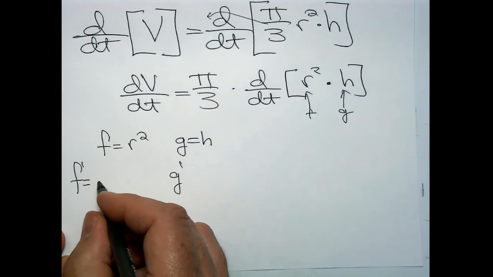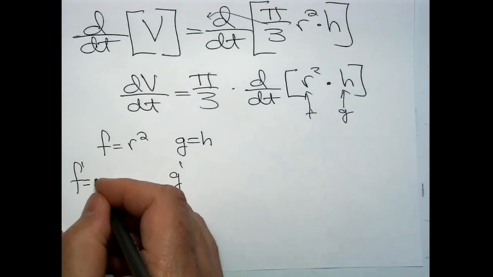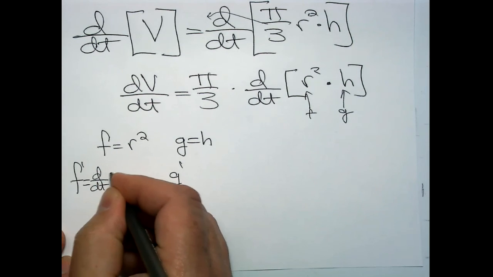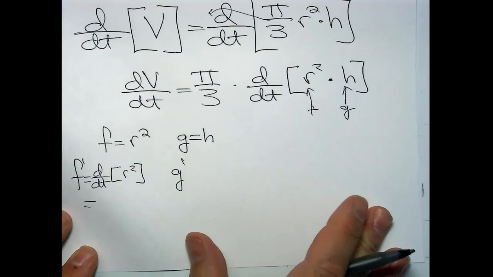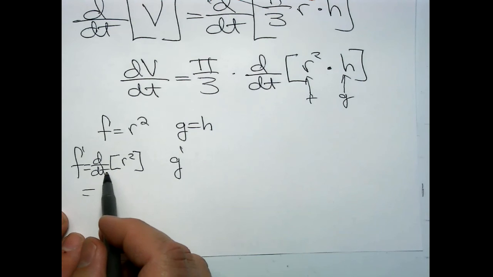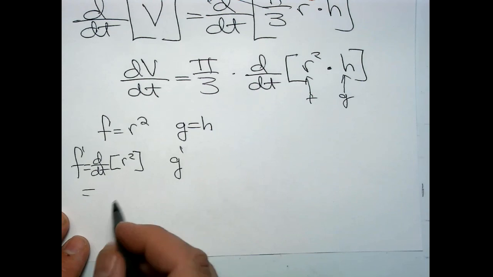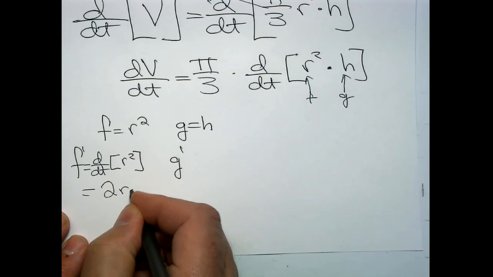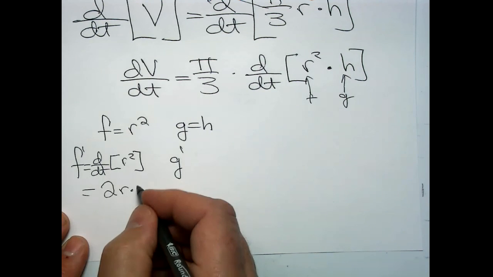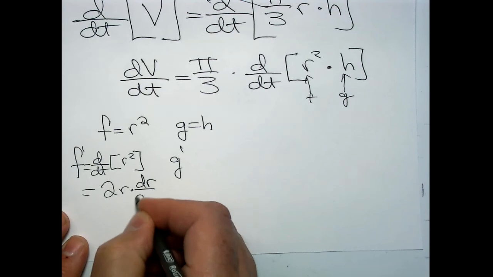And what is f prime? f prime is a d/dt on the r squared. And that's implicit differentiation, as is all of our related rate problems. Take the derivative normally. That would be 2r, but the variables don't match, you will get a dr/dt.